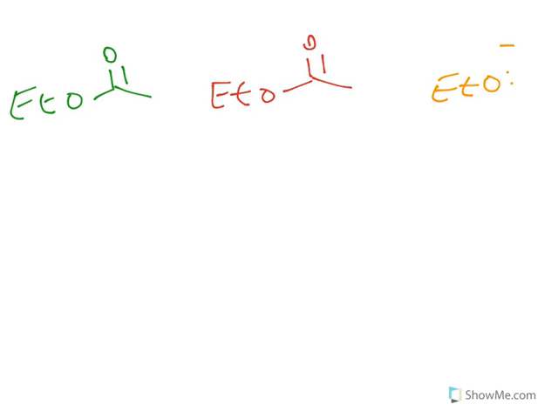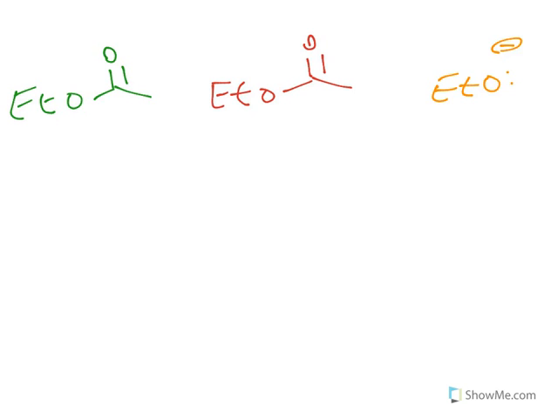All right, so it's a very similar reaction to what we've been seeing in the past. So I'm going to put one ester in green here, and another ester in, let's do red, look Christmassy. And I'm going to put my ethoxide in yellow.